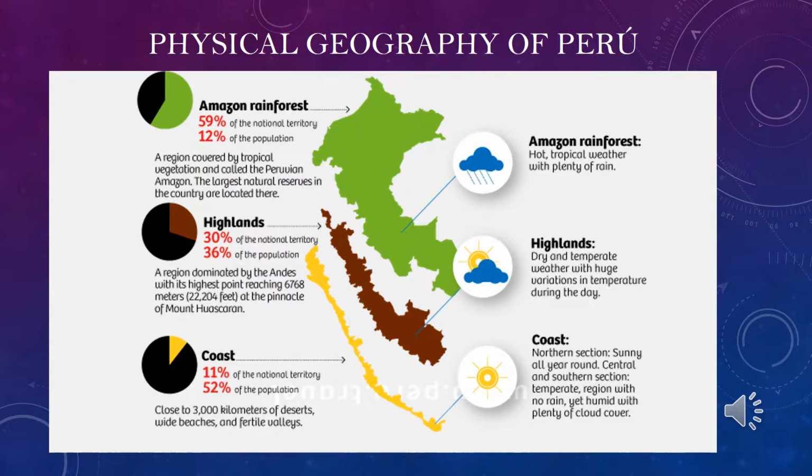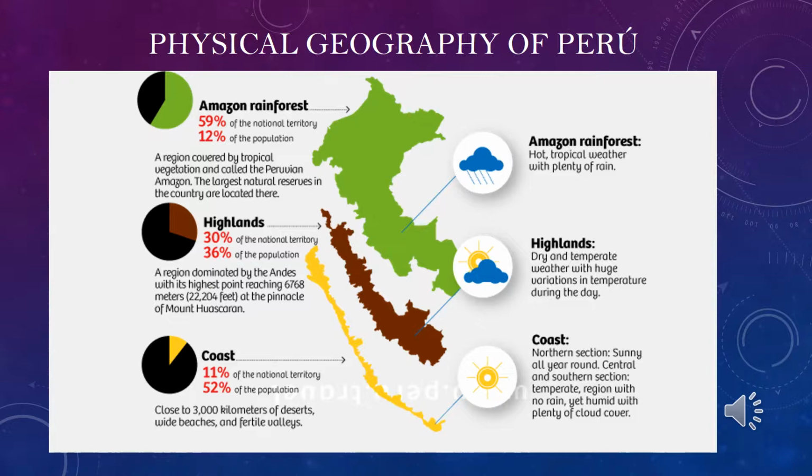Okay, we're going to talk about the physical geography of Peru. We can find 3 different landscapes along this country. These are Amazon rainforest, highlands, and coast. These are the main landscapes in this country.